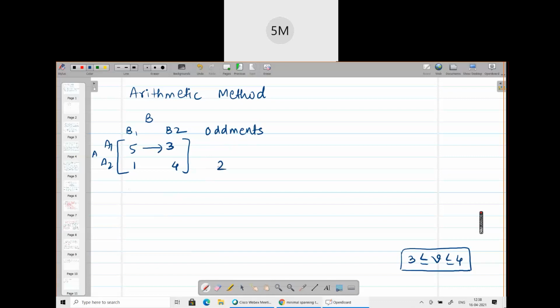This 2 I will write here itself. I have interchanged already in the first step. Have you understood it? In the algebraic method we interchanged in the third step after the ratios, but now, and that's why I'm not calling them differences, I'm calling them oddments.